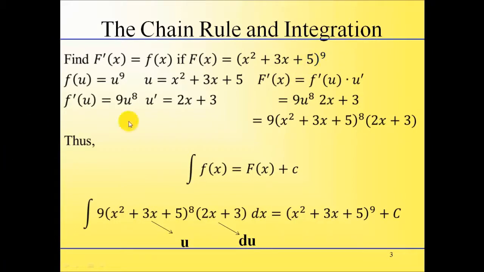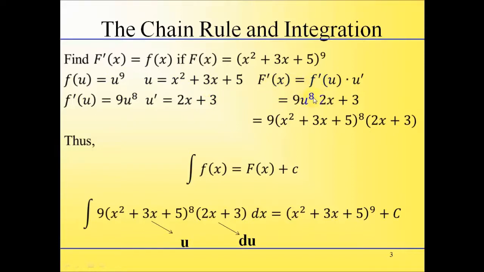You must change it by u to the power of 9, with u equal to x squared plus 3x plus 5. The derivative of u to the power of 9 is 9 times u to the power of 8, right? And the derivative of u is 2x plus 3.